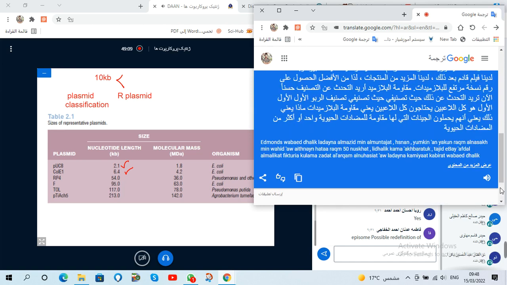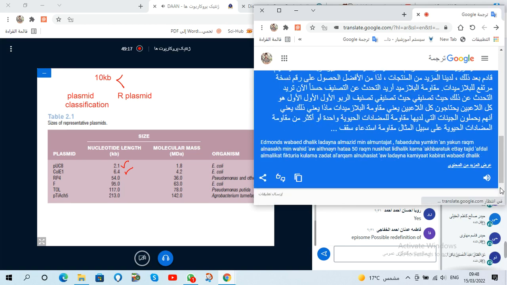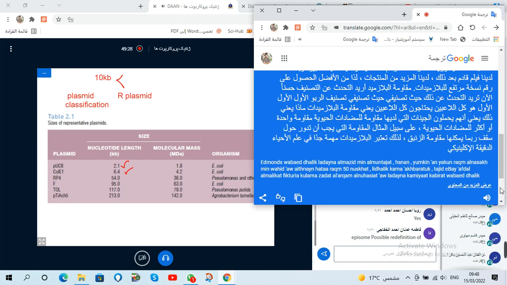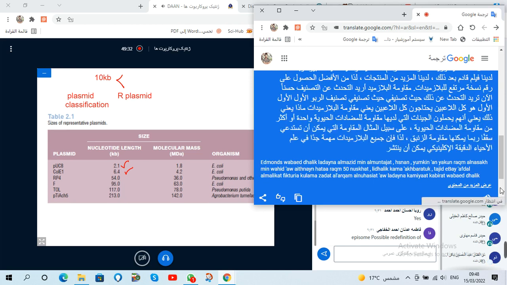For example, resistance to chloramphenicol, ampicillin, or maybe mercury. So R plasmids are very important in clinical microbiology because they can spread in the population.